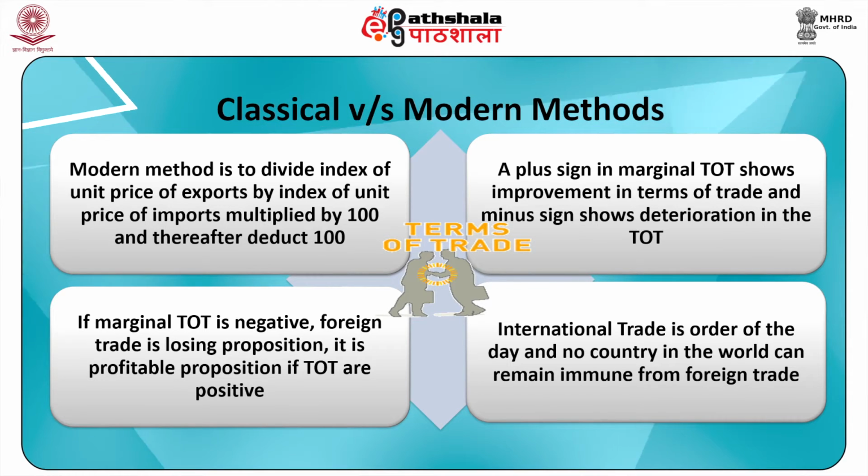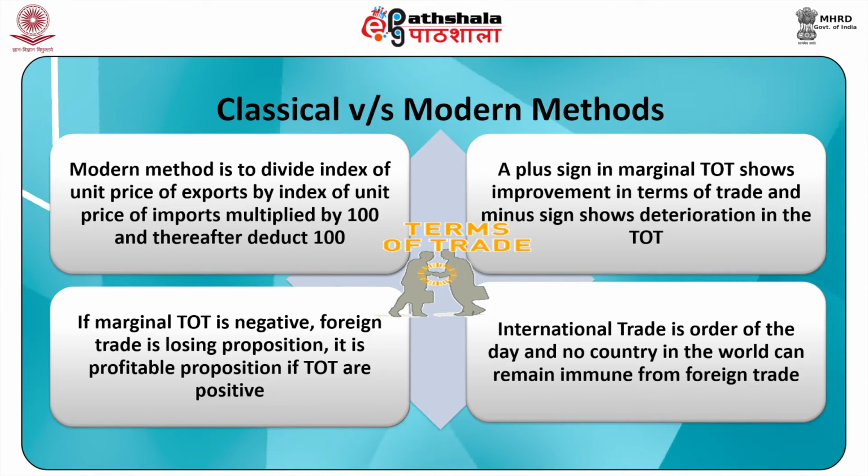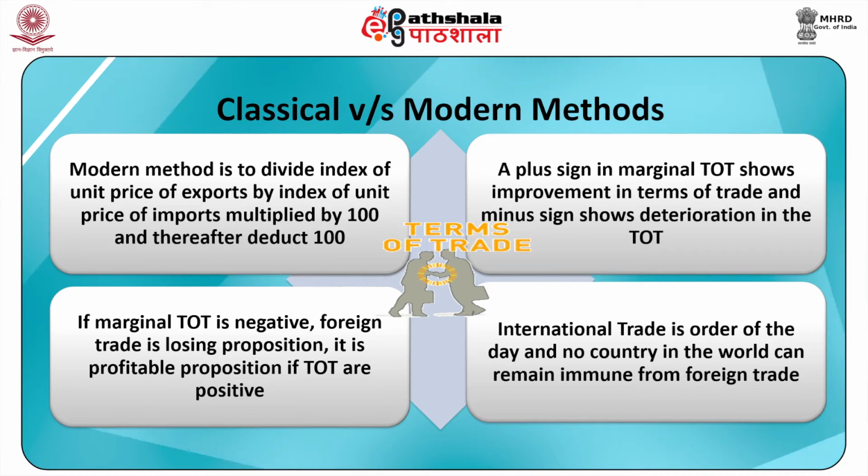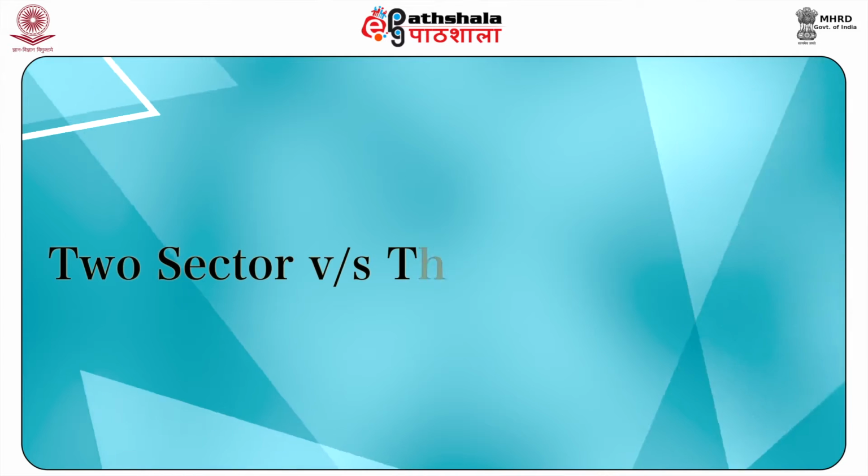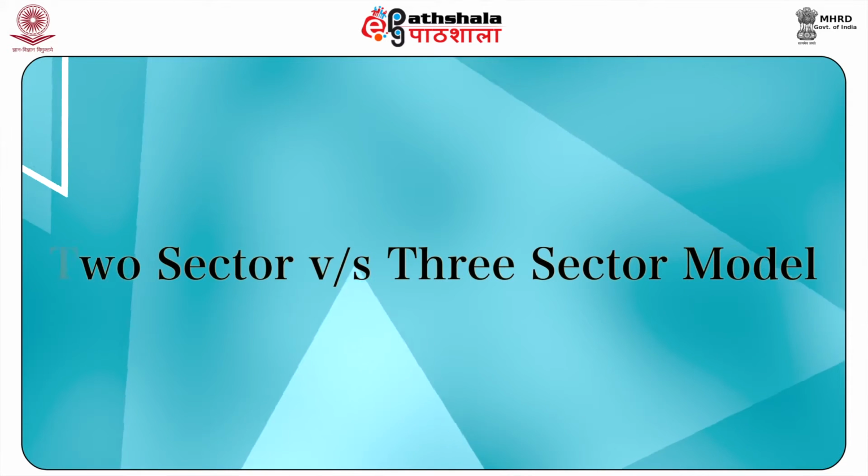International trade is the order of the day, and no country in the world can remain immune from foreign trade. Moving on to the two-sector versus three-sector model. Terms of trade are generally discussed with reference to developed countries and underdeveloped countries, and that too with reference to two sectors, namely the agricultural commodity sector, that is the primary sector, and the manufacturing sector, that is manufacturers, although in recent years three sectors are there.